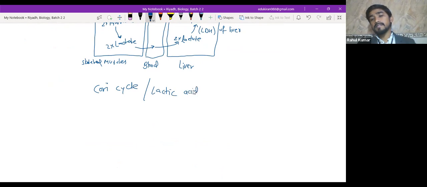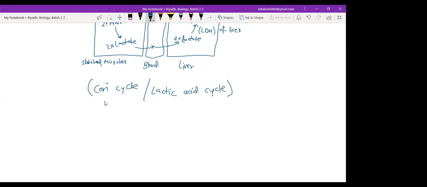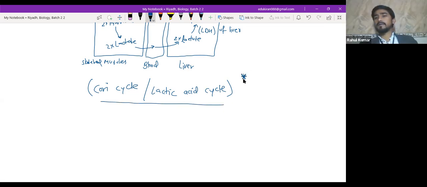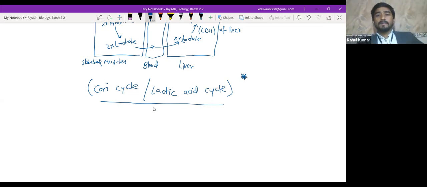Remember, citric acid cycle is different and lactic acid cycle is different. Citric acid cycle is Krebs cycle. Lactic acid cycle is Cori cycle. Okay, just make this and remember this. It is important for entrance only. I don't think it's for your boards. So I think that's all about it.